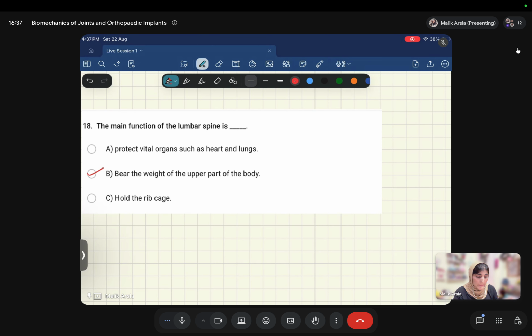So it does act as a connection to the rib cage, but it does not essentially support it. If you are looking at the main function of the lumbar spine, it is bearing the weight of the upper body, okay.